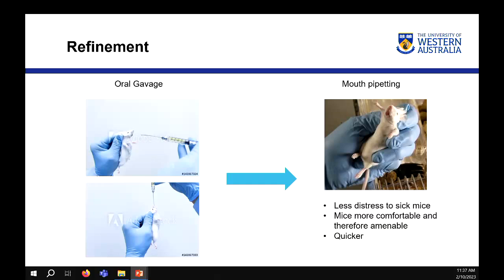When we were doing it, we realized that the animals were in distress. This isn't a good method, so we refined it to doing the mouth pipetting with sugar-coated doxycycline. And not only was it less distressing to the sick mice, but it was a lot quicker as well. They really did like the sugary solution.